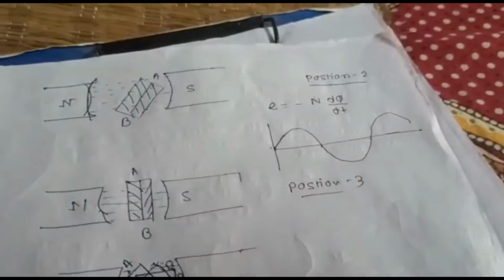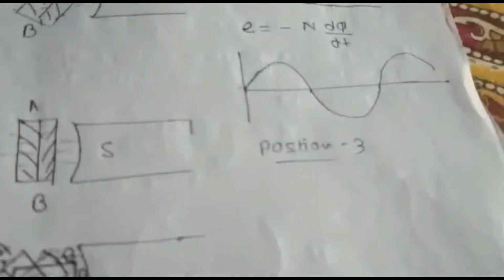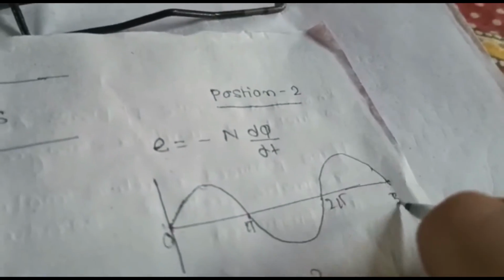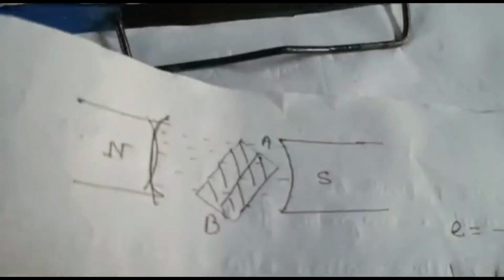In this way, with this technique, the EMF is generated. Now this is 0, this is pi, this is 2 pi, and this is 3 pi. In this curve, it reaches the maximum point, the same as here, a maximum value but in the opposite direction.